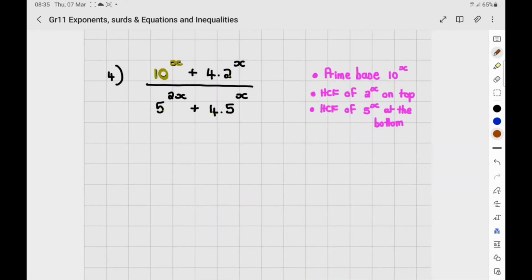With these sums, I always tell my students, only change into prime bases if there is an exponent with an x. So can you see the one that I highlighted here is the 10 that is to the power of x. This 4 is to the power 1, so we're not going to change it into prime bases. We don't have to. The same as this 4 over here.